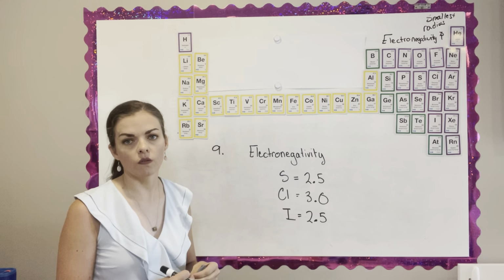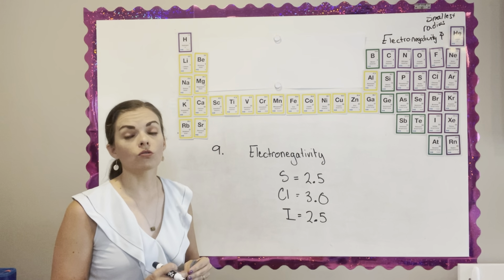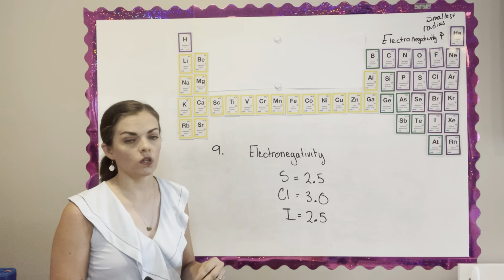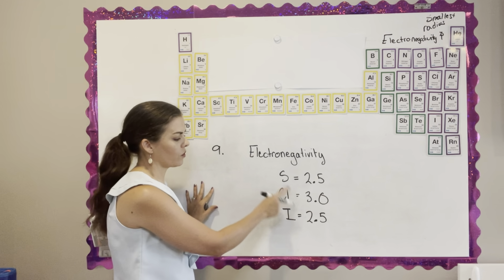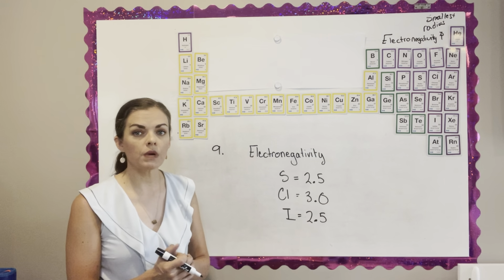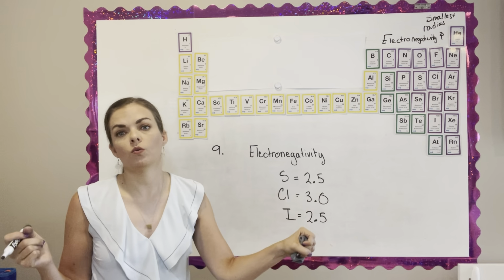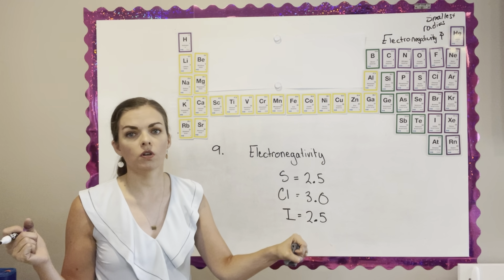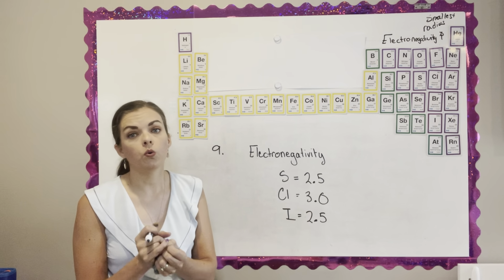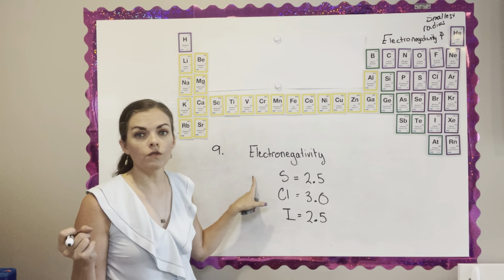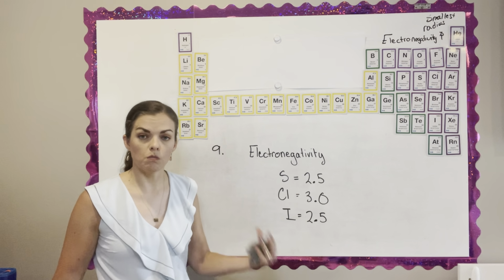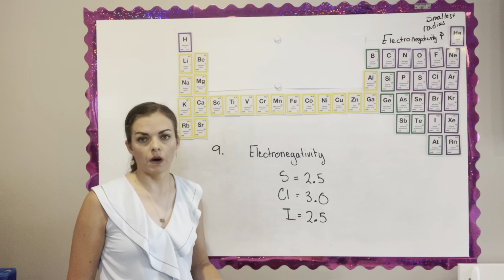Now, a polar covalent bond is a bond where they are not sharing the electrons equally. So if I took sulfur and iodine and I put them in a compound, sulfur's pulling about 2.5 and iodine's pulling on the other side of the tug-of-war rope at 2.5, nobody's going to be able to pull those electrons. So sulfur and iodine are not going to make a polar covalent bond.